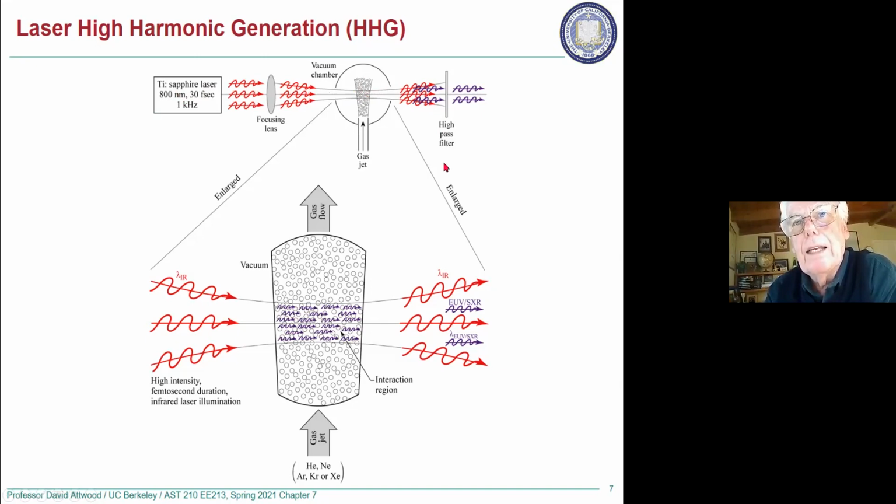And then there's some sort of filter that blocks the infrared, the 800 nanometer, and lets the radiation that we want go forward. And you'll see in other diagrams there'll probably be a grating or something like that to spread this into different wavelengths or photon energies. And this area here is just enlarged here.